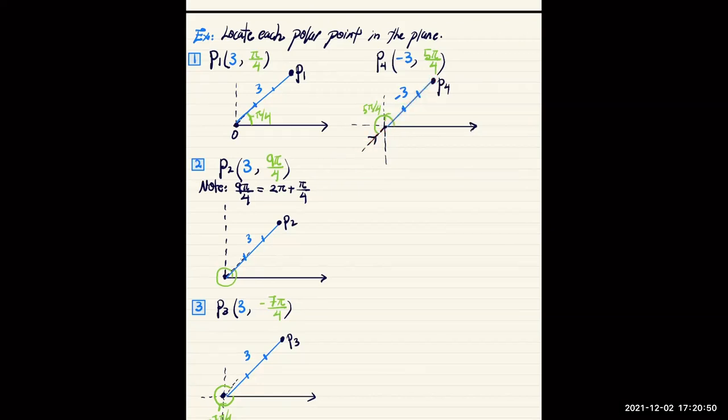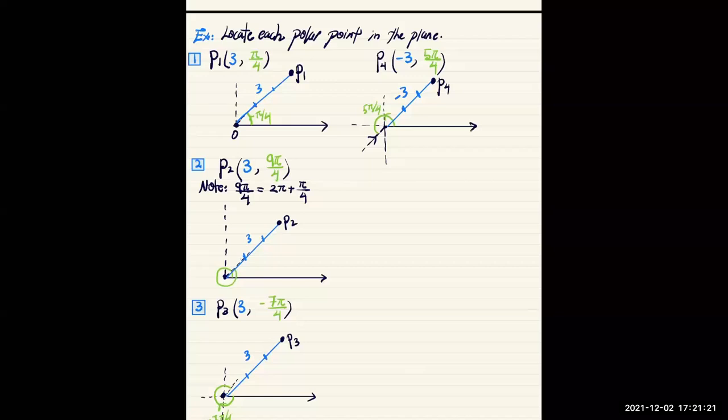That's what a directed distance means. You go the 180-degree opposite of your terminal side, which would be that way instead. So this point here would be 3, 5 pi over 4. And this point that we just drew is negative 3, 5 pi over 4. You get it? Yes, okay, thank you.